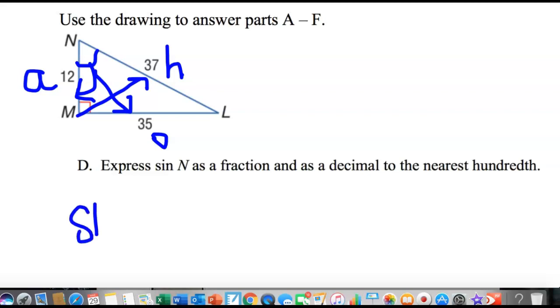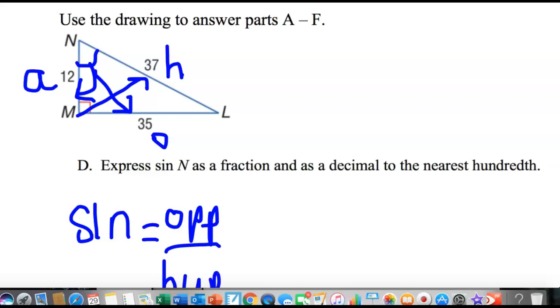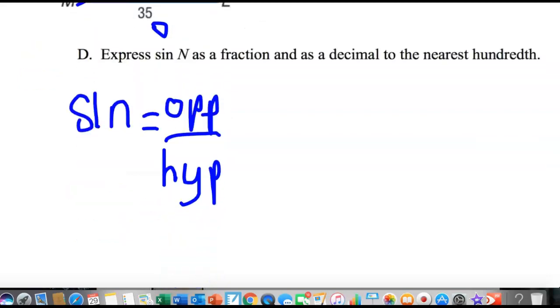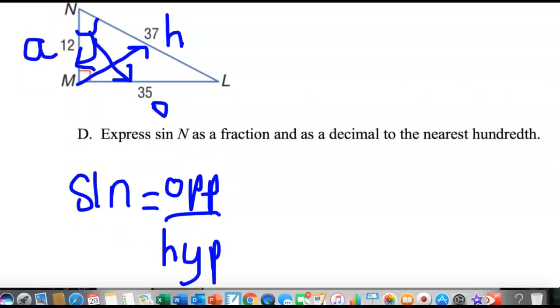So sine is going to be opposite over hypotenuse. In this case, our opposite side is 35. Our hypotenuse is 37, and we just leave it like that.